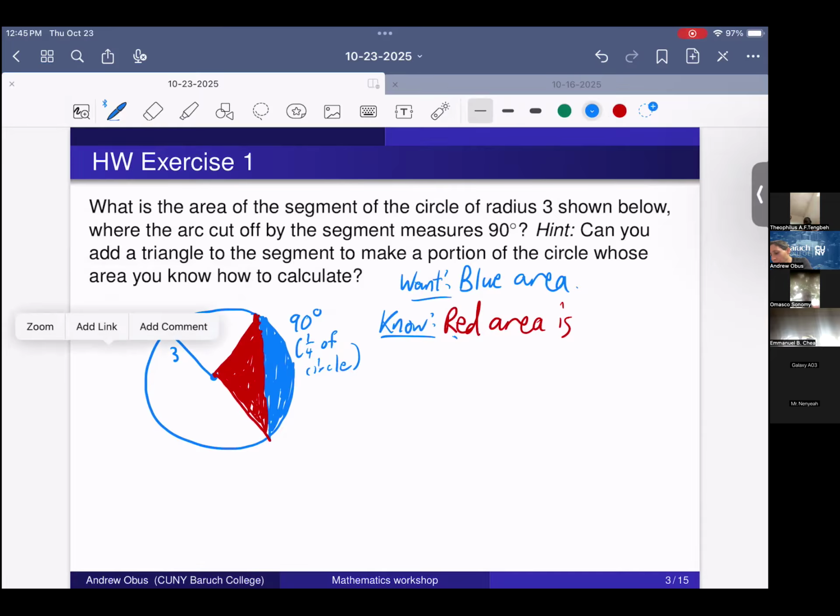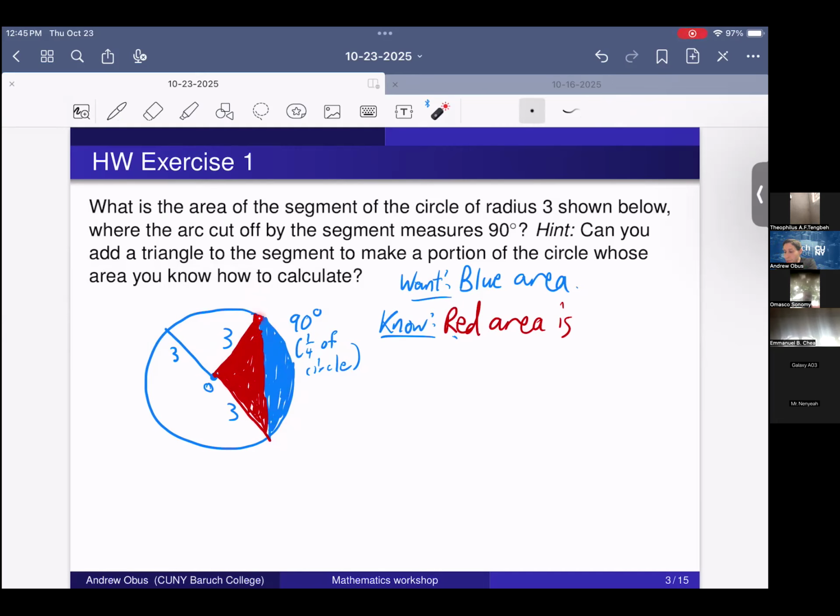It's a triangle where these sides are radii of the circle, so these have to have length 3, just like the radius of the circle. So this has length 3, and this has length 3. And then we also know that this arc is 90 degrees.